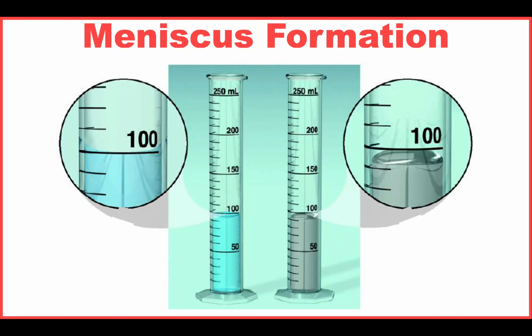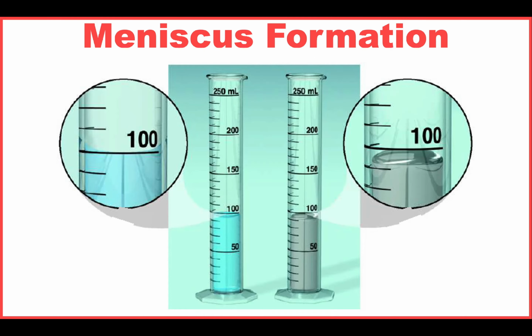In the laboratory, you call this a meniscus formation. When you are reading a clear, colored solution, you have to read the lower meniscus. Now, if you are reading a heterogeneous solution, you have to read the upper meniscus.